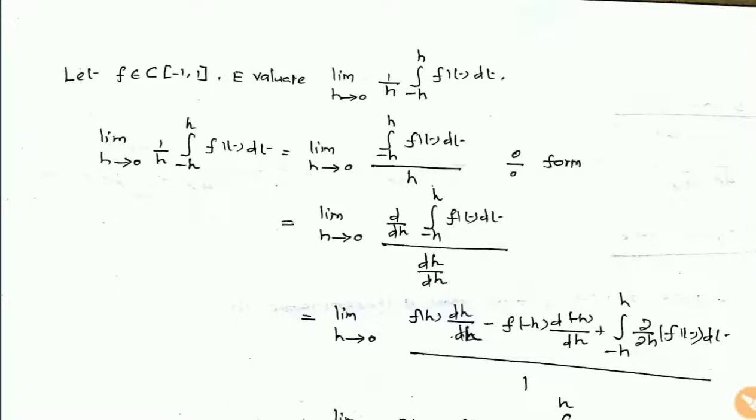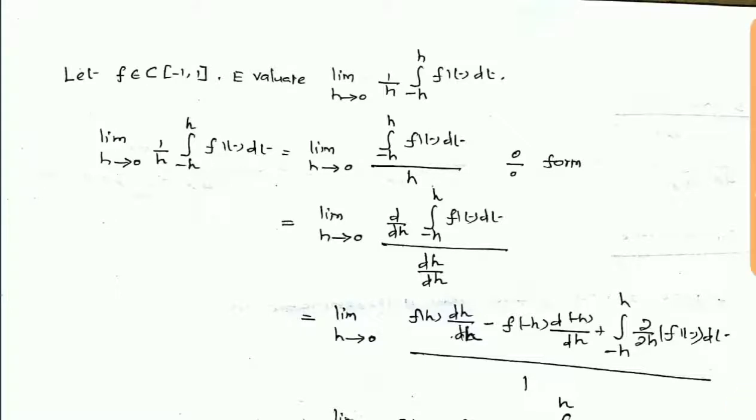Okay, so f is a continuous function defined on the closed interval -1 to 1. We need to find this limit as h approaches 0 of the integral from -h to h of f(t) dt. So let us calculate this limit.